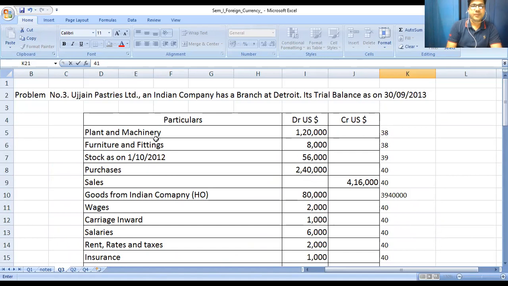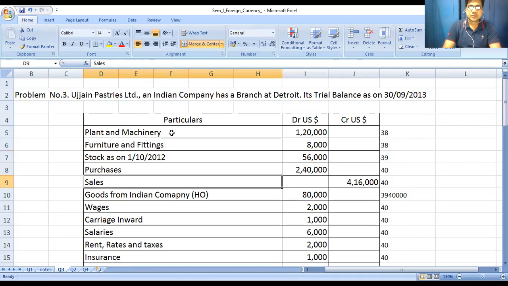First item, plant and machinery: balance sheet asset side. Furniture and fittings: balance sheet asset side. Stock as on 1/10/2012 is the opening stock: trading account debit side. Purchases: trading account debit side.